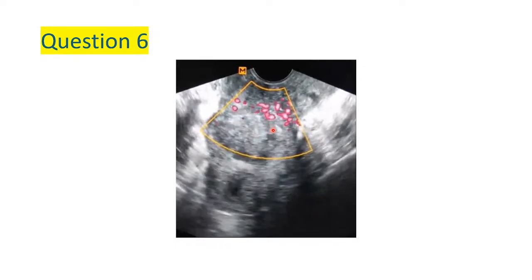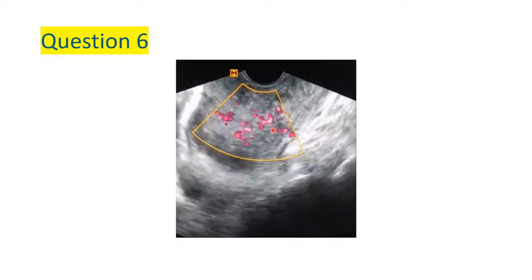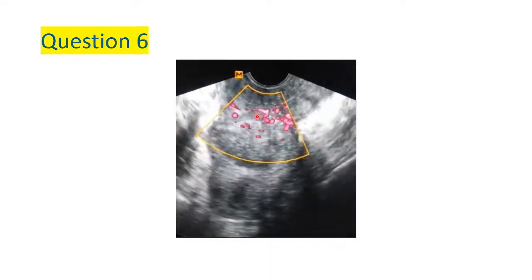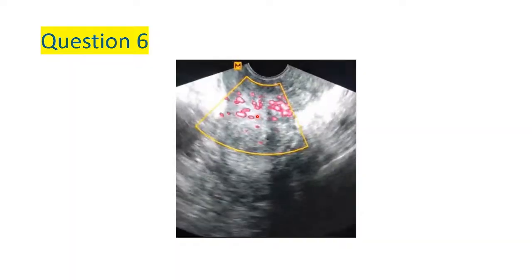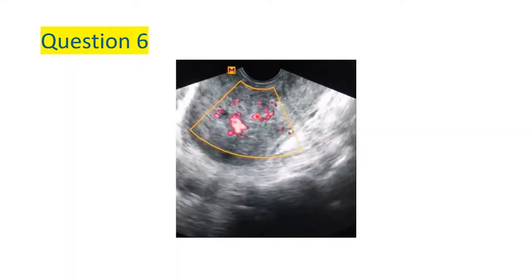So many new vascular channels open. So you can see that there's a lot of blood going to that. So this is the morphology of neovascularization, which is a cancerous transformation. So this is a malignant lesion. So the one that you're seeing, that's a malignant lesion there. So this is a cancer of the ovary. That's ovarian cancer. Okay.